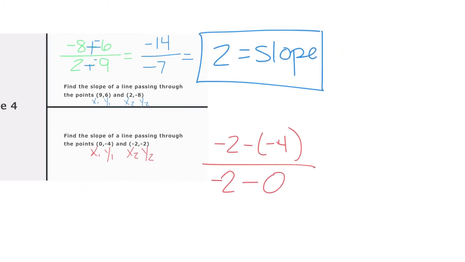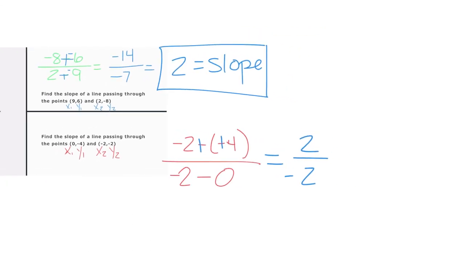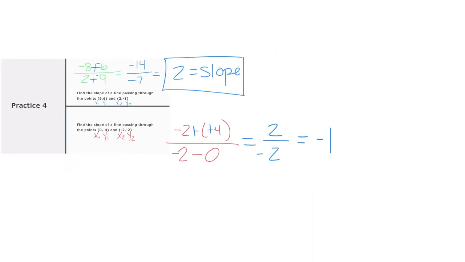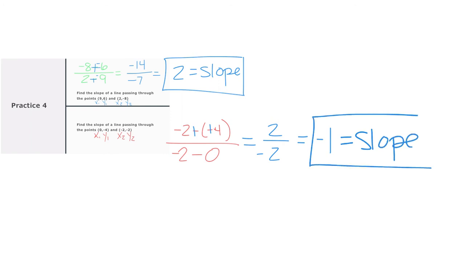So let's simplify those. Keep, change. A -2 plus 4 would be +2. And a -2 minus nothing would be just a -2, right? Then when simplified, that becomes a -1. Okay, be careful on that. That does become a -1 slope. Don't leave it as 2 over -2. It has to be simplified to a -1 slope.